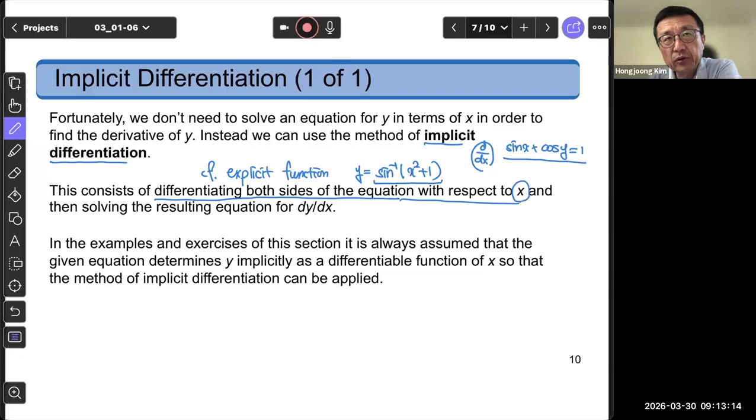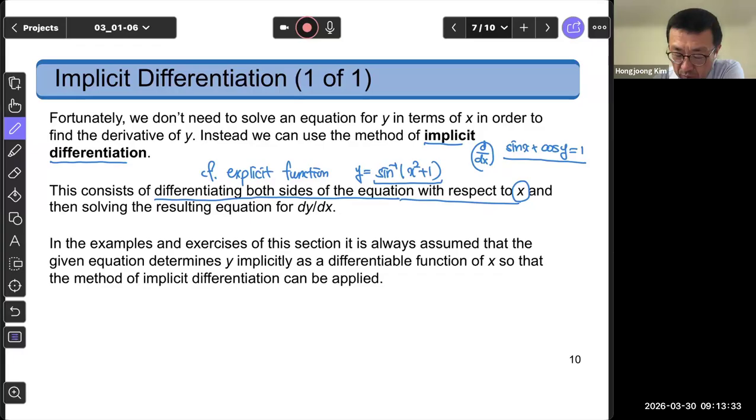And then what did I tell you? You need to move all the terms having dy dx to the left hand side and all the others to the right hand side, so that the terms on the left have dy dx in common.